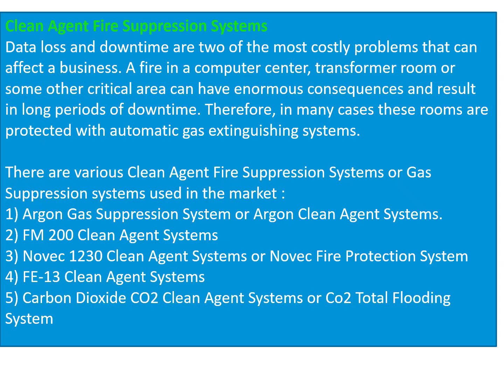Second is FM 200 clean agent systems. FM means Factory Mutual. These are the standards. Third is Novec 1230 clean agent system. Fourth is FE13 clean agent system. And last, carbon dioxide clean agent system.